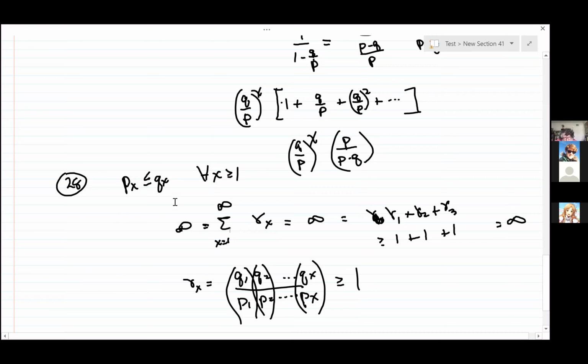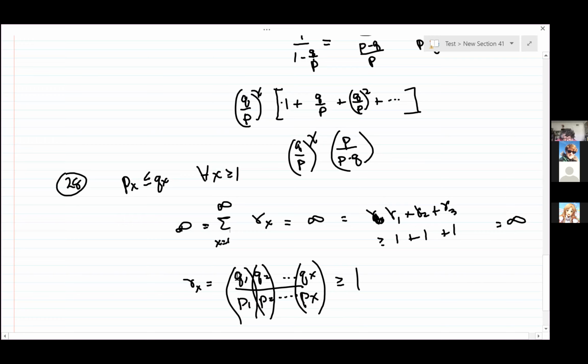Okay, so let me recap this because it came fast. A birth-death chain is recurrent if this sum is infinite, or diverges. If you're assuming the Q's are bigger than the P's, that's the same as assuming that each of these fractions that occur in the gamma is greater than or equal to 1. If you multiply two fractions that are greater than or equal to 1, you get another fraction greater than or equal to 1, and that continues throughout.